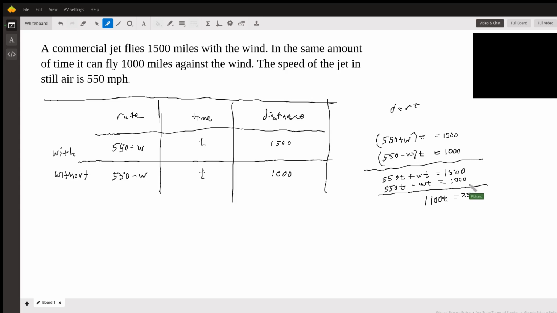And now I'll get on my calculator. 2,500 divided by 1,100 is a nasty little number. It's not very friendly. 25 over 11 is the best you can do with this. Okay, let me just check this again, just to make sure I didn't mess it up.